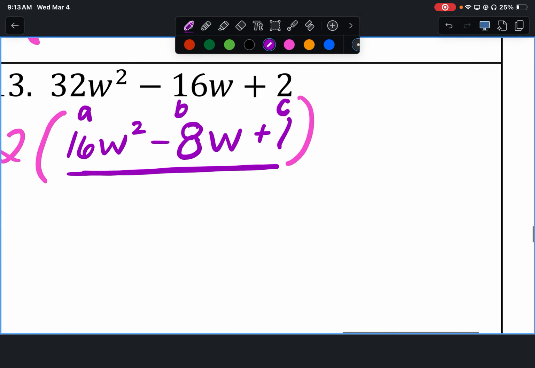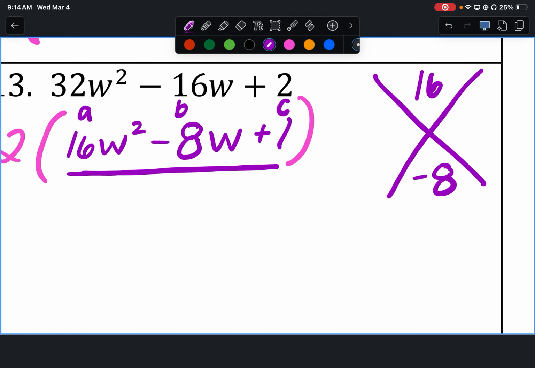So we have to figure out what multiplies. You can also organize it as the X. I'll demonstrate that here. What is A times C? 16. So you have to multiply to get 16, but add to get B. What is our B? What multiplies to give you 16, but adds to give you negative 8? Negative 4 and what?